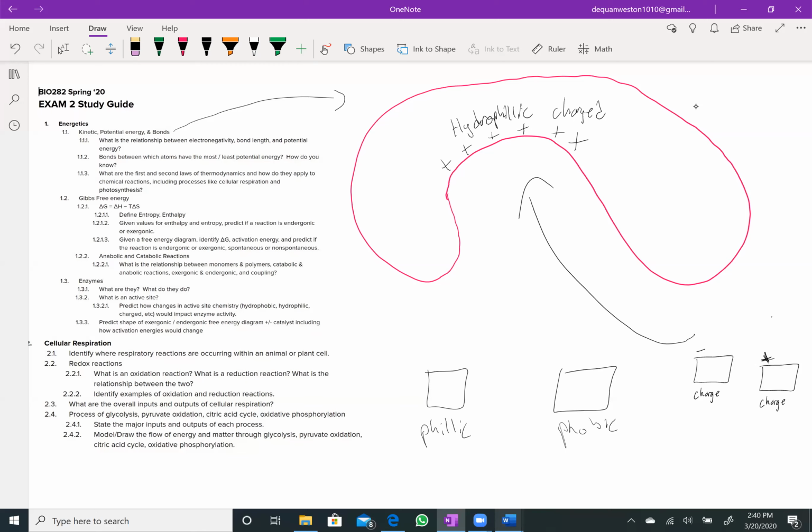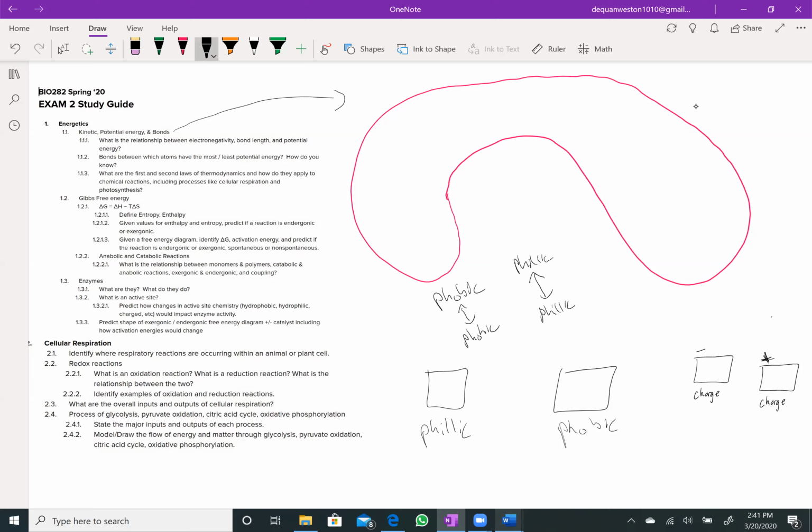Okay, so we talked about the active site chemistry and how you're going to look for it. So basically, phobic active site goes to phobic substrate. Philic goes to philic. And then with your charged, just know plus, minus, minus, plus.